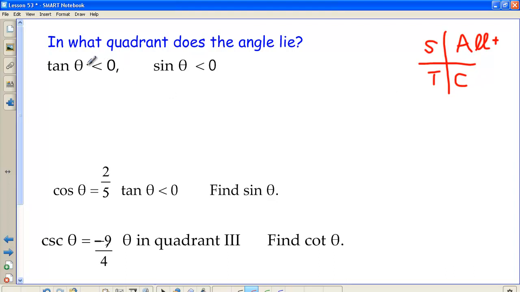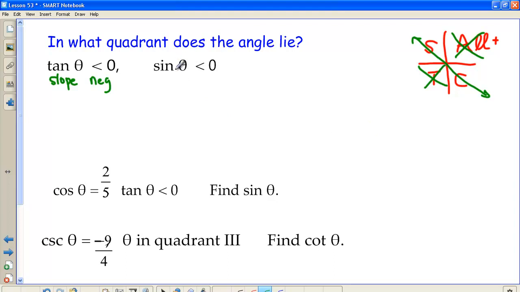So, to think about the tangent being negative, well, first of all, you think about negative slopes for tangent. Okay, so you're basically saying, where do you have a slope that's negative? Well, that would be quadrants 2 and 4. So we can kind of rule out quadrants 1 and 3.